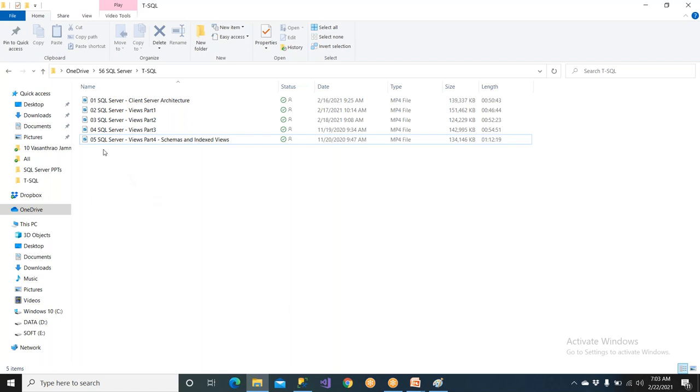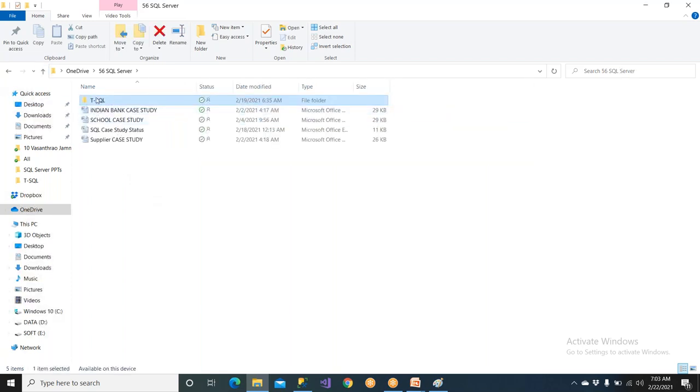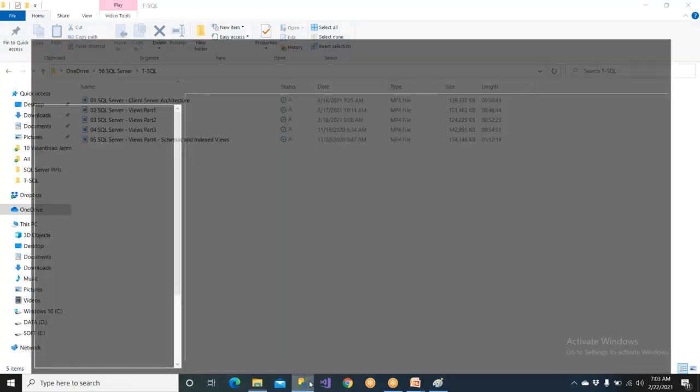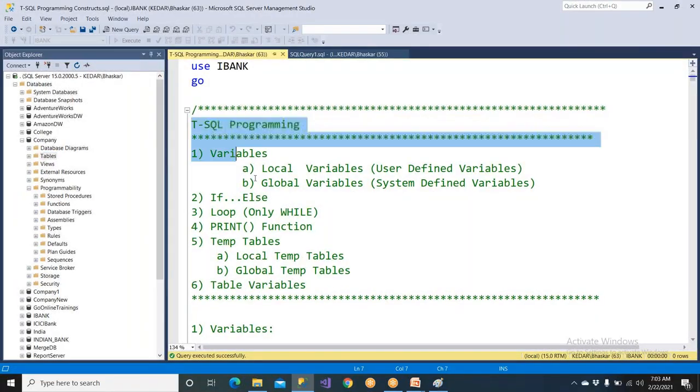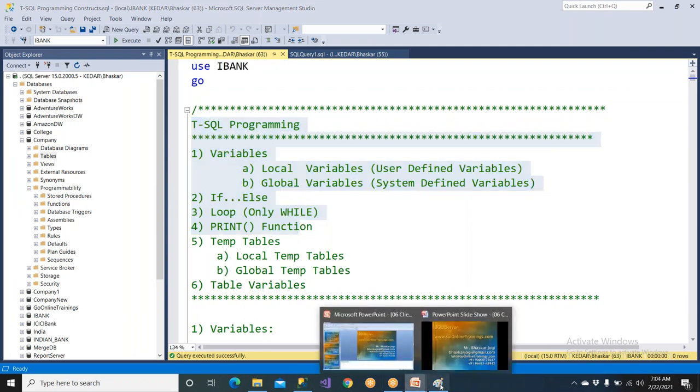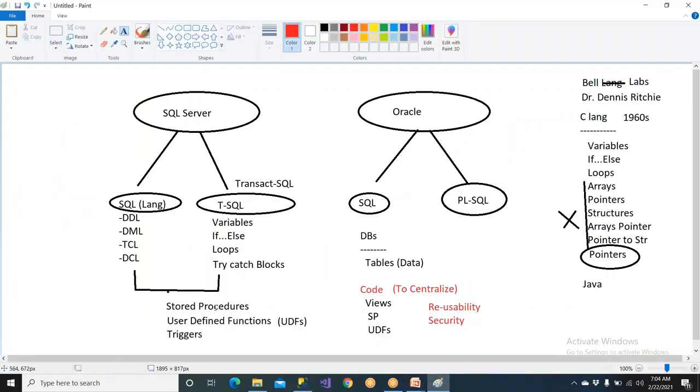People who missed it, because after SQL, I have now started a series on T-SQL, Transact SQL. If you want to learn Transact SQL, at least the introduction you should know. Today I'm going to be starting with this concept. Why are we learning programming? Because if you learn programming, only then will you be able to write stored procedures and user defined functions.